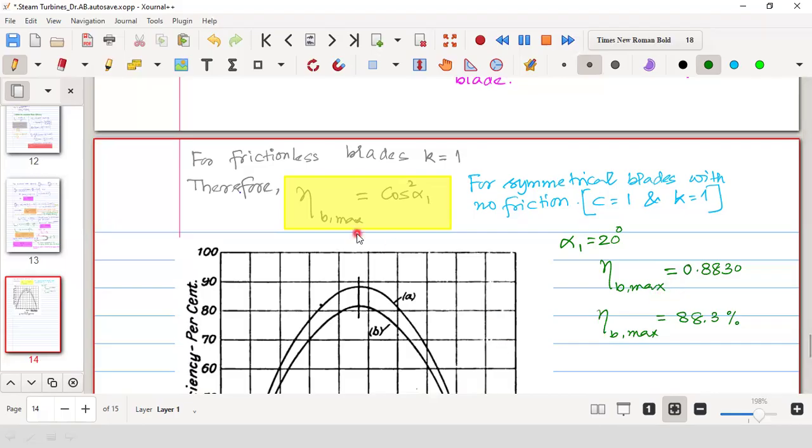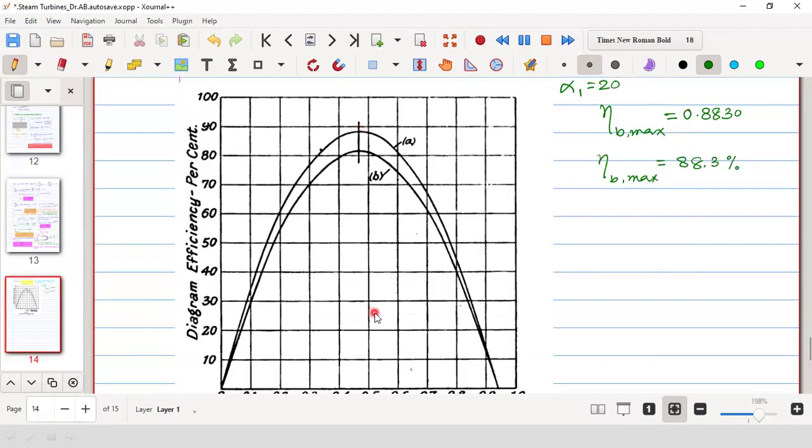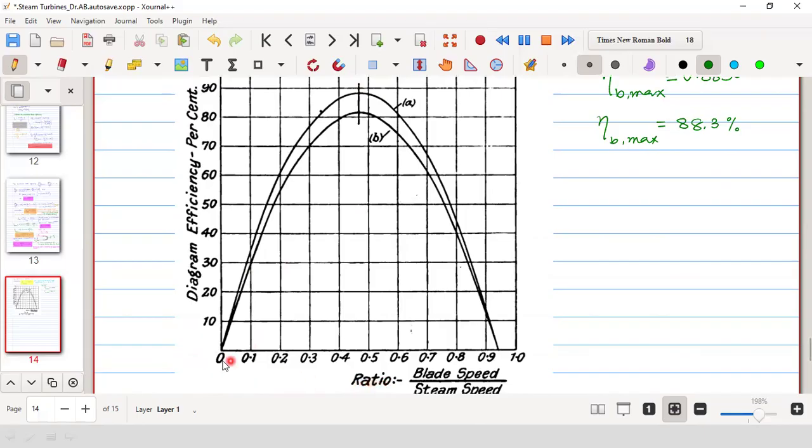So in this diagram, it is shown how the efficiency varies with the blade speed ratio. So here the blade speed ratio is 0. If it is 0, that means blade has no speed. Blade speed ratio 0 means there is no power at the blade, so obviously the efficiency is 0.